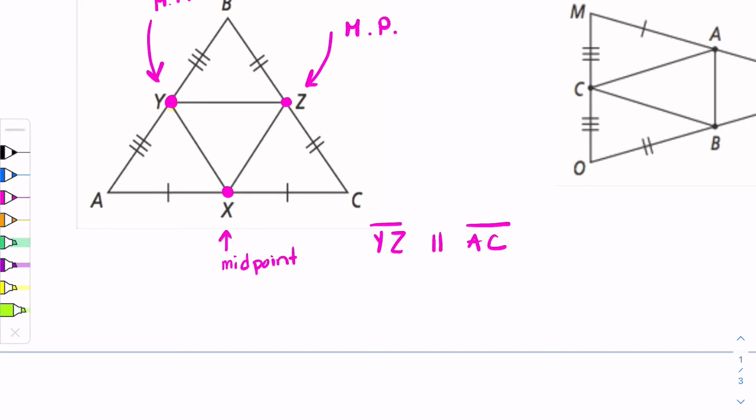If I highlight this as a midsegment, because it's connecting these two sides, segment YX is parallel to segment BC. And lastly, if we highlight this as our midsegment, because it's connecting these two sides, segment ZX is parallel to segment BA.